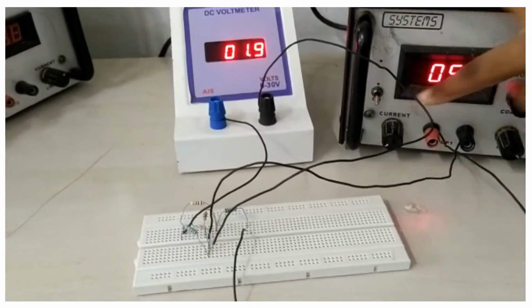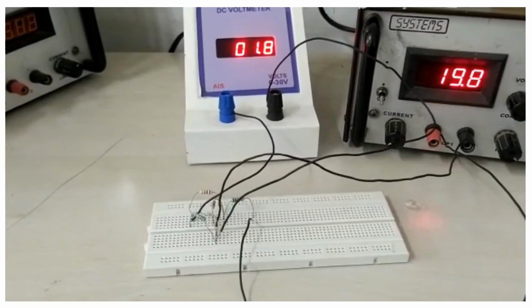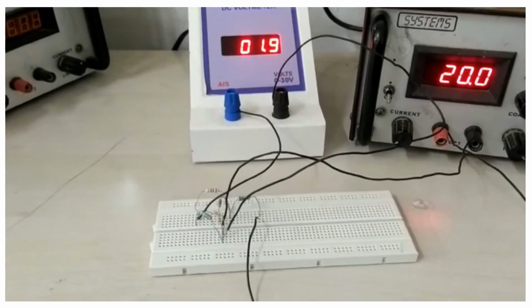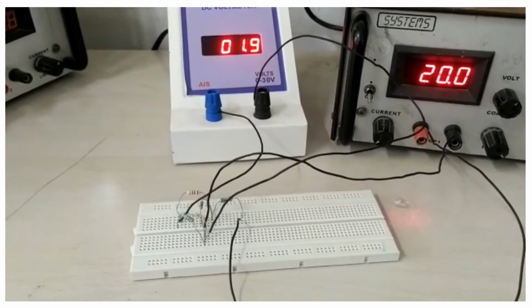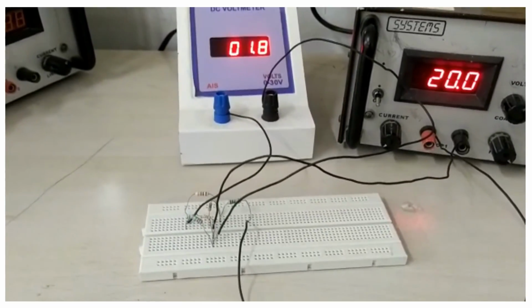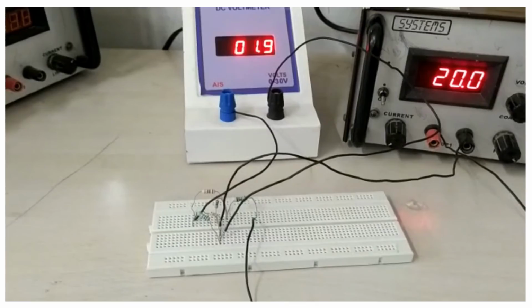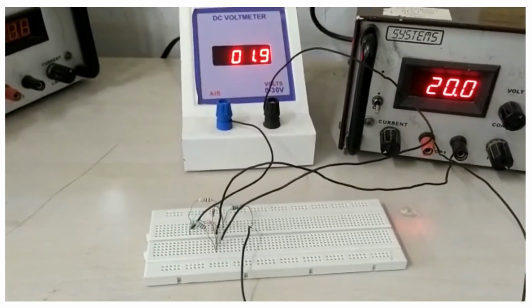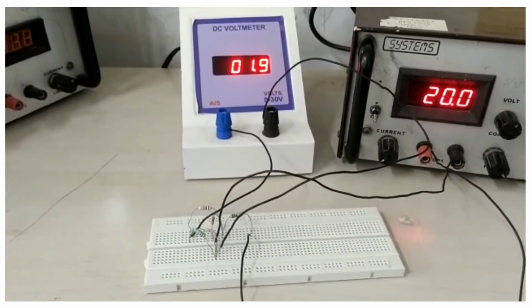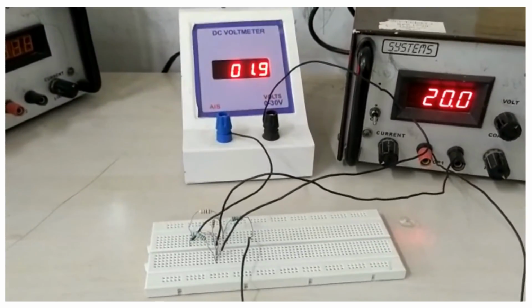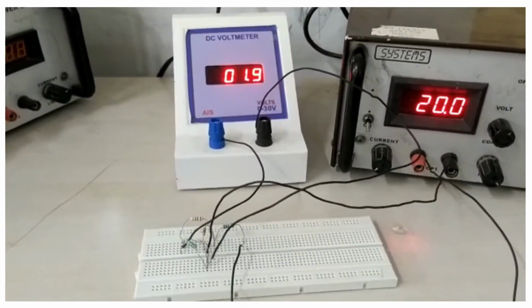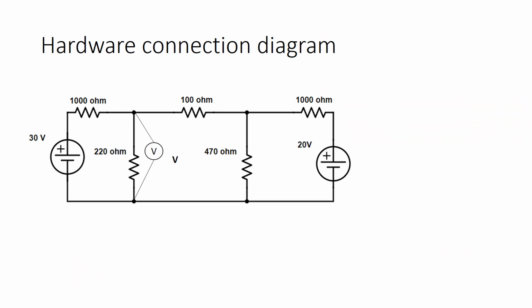Now the voltage across the 220 ohm resistor is 1.9 volt. So the total voltage across the 220 ohm resistor is the sum of voltages when each supply is connected individually. Thus the voltage across the 220 ohm resistor is 4 volt plus 1.9 volt, which is equal to 5.9 volt.